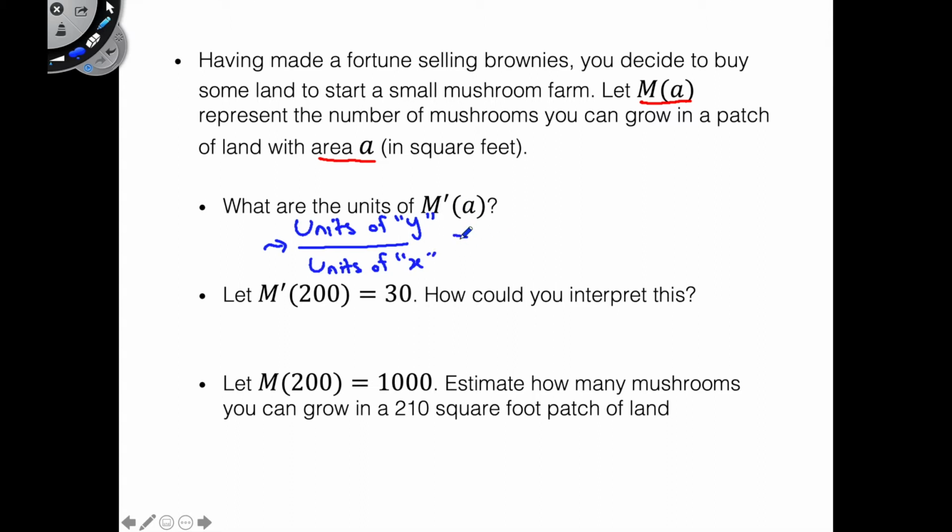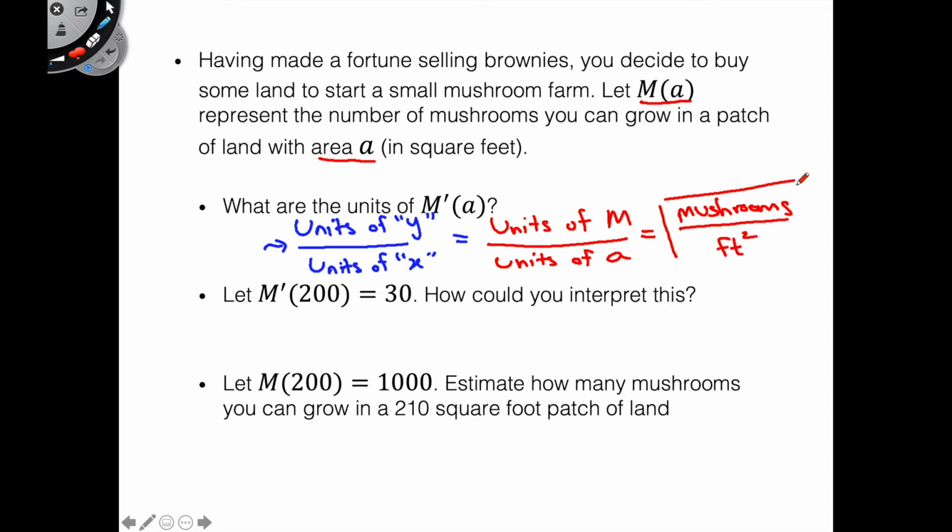In this case, that's going to end up being units of M over units of A, which will come out to mushrooms per square foot. Okay. Fantastic. So that's the first part.